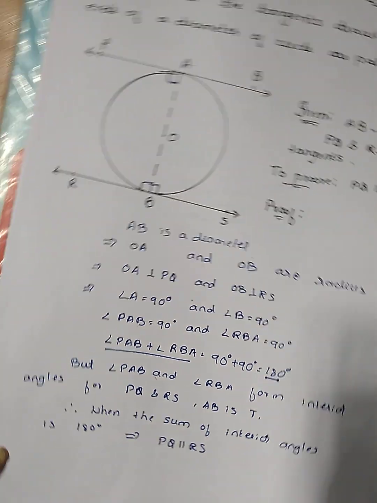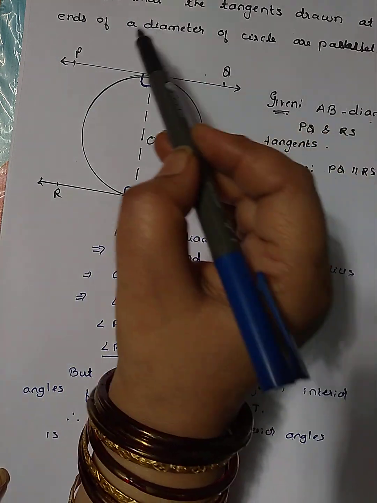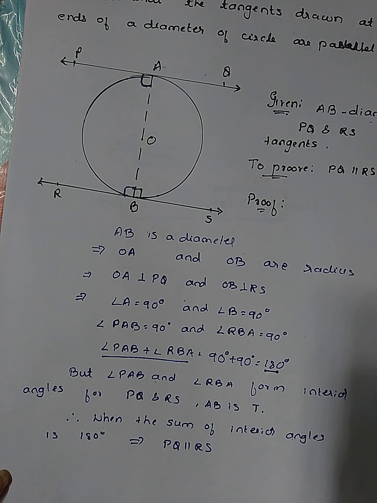So what are PQ and RS? PQ and RS are the tangents drawn at the ends of the diameter of the circle.